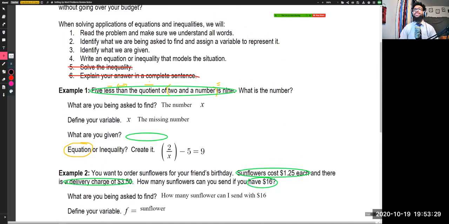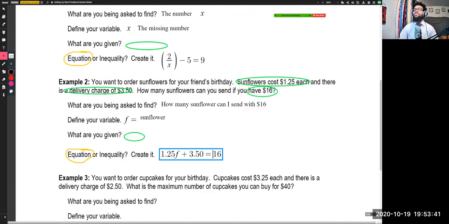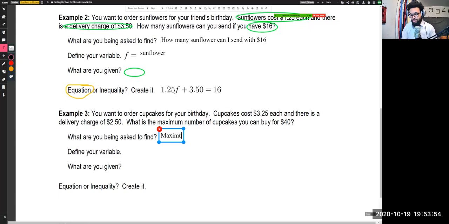Now we're going to do step number 2, which is to identify what we are being asked and to assign a variable to represent it. So let's first identify what we are being asked. We are being asked the maximum number of cupcakes that we can buy for $40.